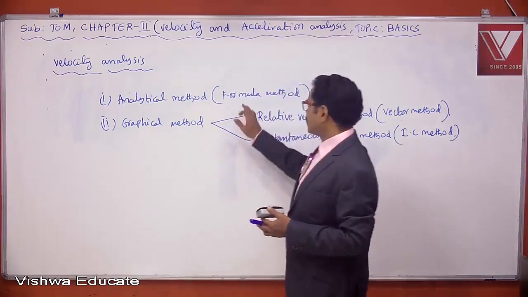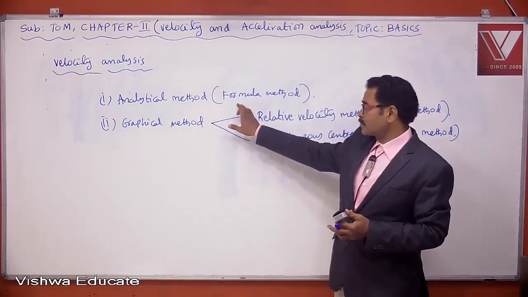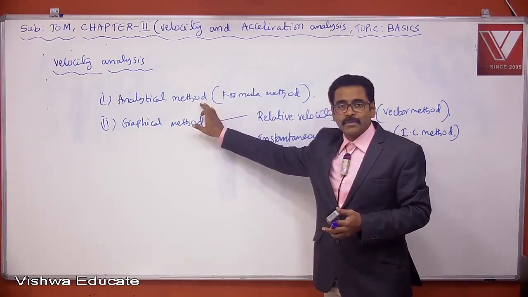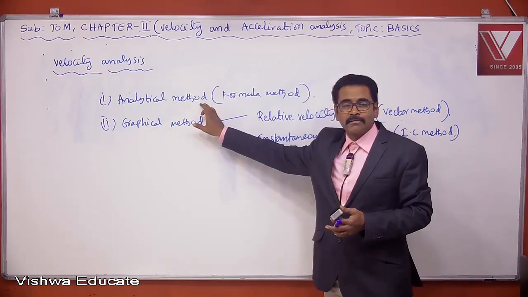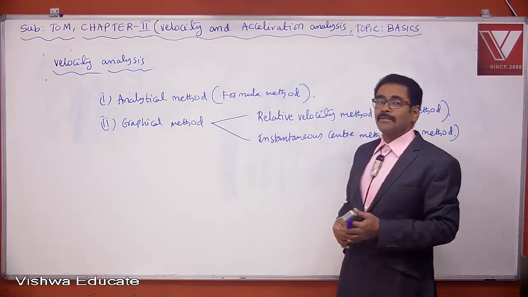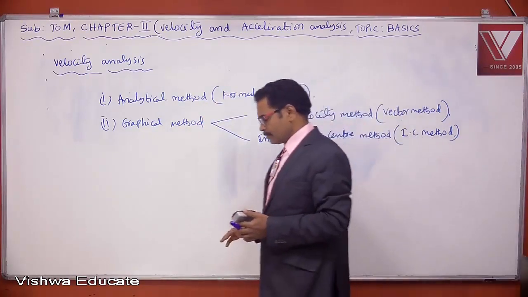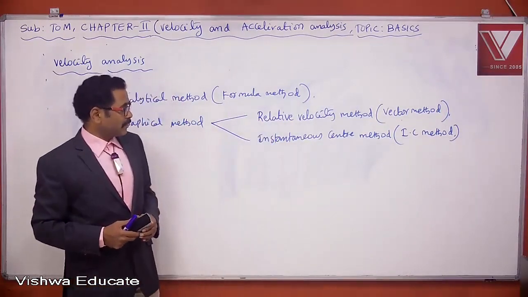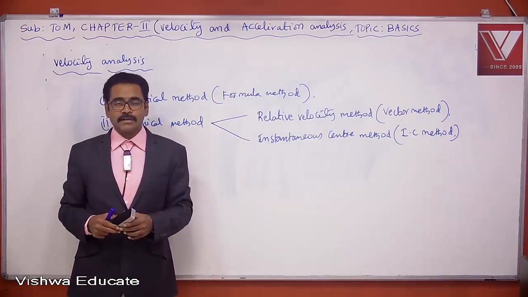So for very few simple mechanisms, we may use analytical method, and I'm going to use this method in the dynamic force analysis of single slider crank mechanism chapter. Right now, we are not going to worry about this analytical method. Now, we are going to follow these 2 methods: relative velocity method and instantaneous center method.